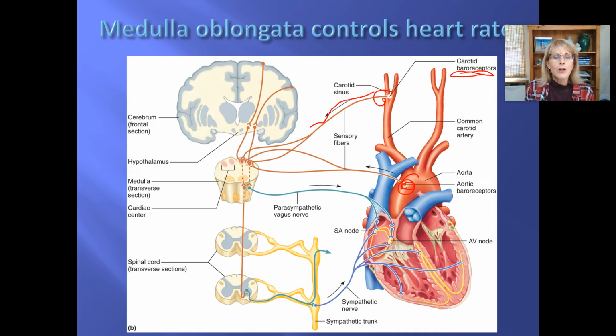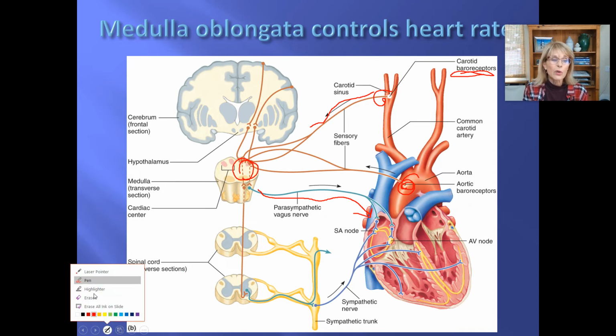And that would tell your medulla oblongata, hey, my blood pressure is kind of high. And one of the things that your medulla oblongata would do would be to send out a signal down here to your sinoatrial node and say, maybe we should make our heart beat more slowly.